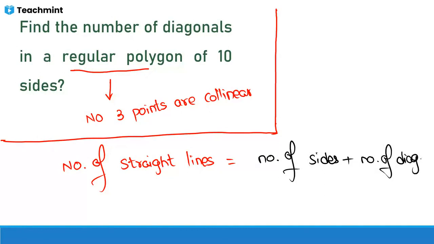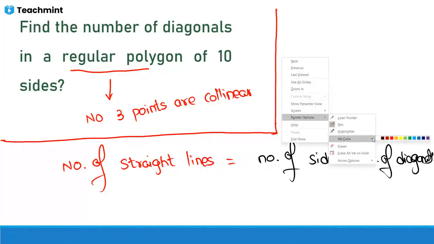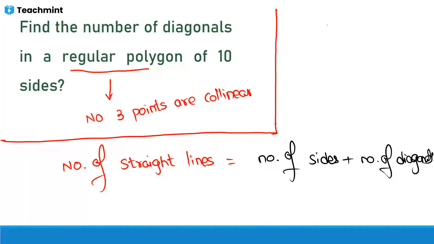Number of diagonals. For information, I'll just show you for a regular hexagon. See, no three points are collinear.